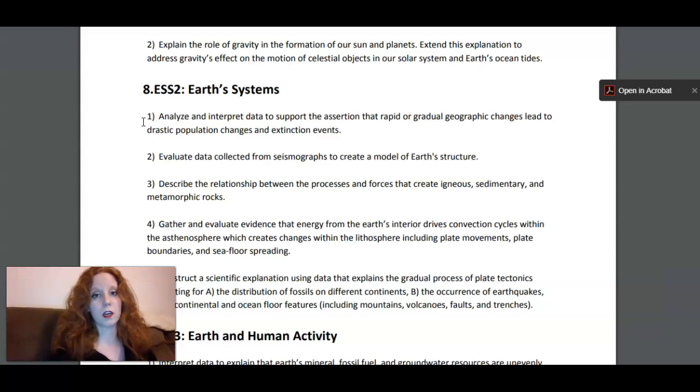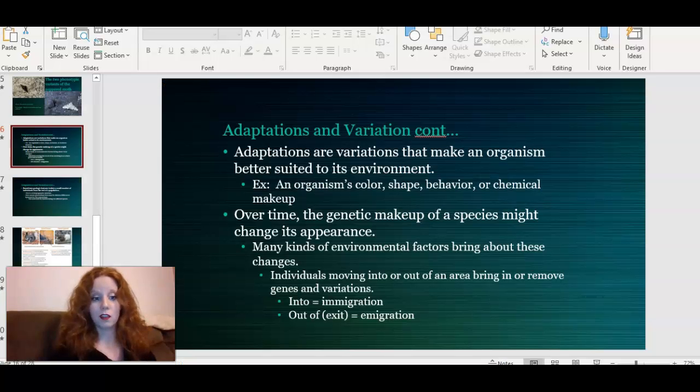What it's really translating to is adaptations, variations, and evolution. And that's the heart of what the standard is getting at. Even though it's in the Earth systems, this is looking at how environment or nature shapes organisms' outward appearance or their behaviors. That's what this boils down to. And that's going to have everything to do with this slide.